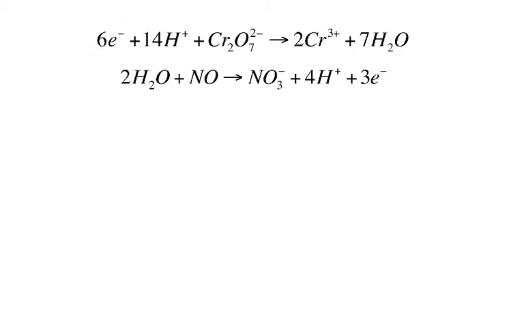And so the lowest common multiple of 6 and 3 is obviously 6. So I can leave the top one alone, but I need to multiply the second one by 2. All right, and so now I'll collect all of my reactants from the two half reactions, and then all of the products I'll collect on the product side, and let's see what I end up with.